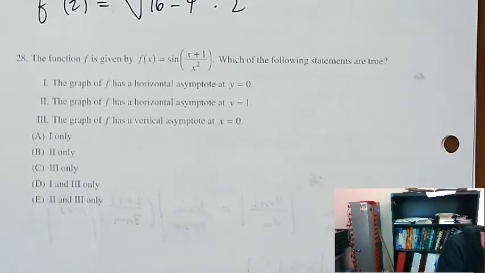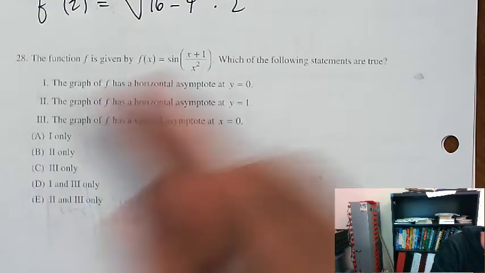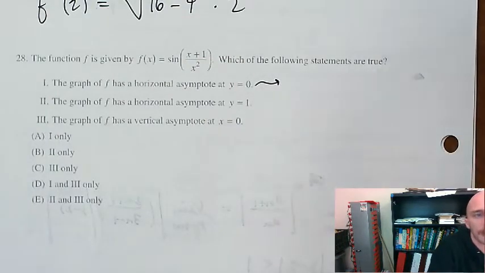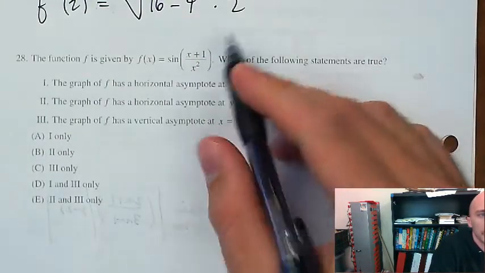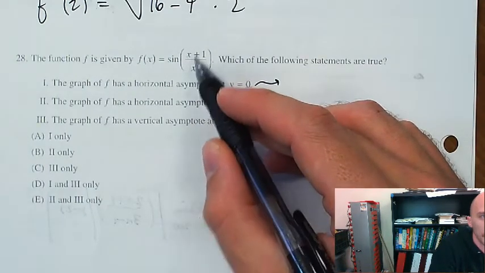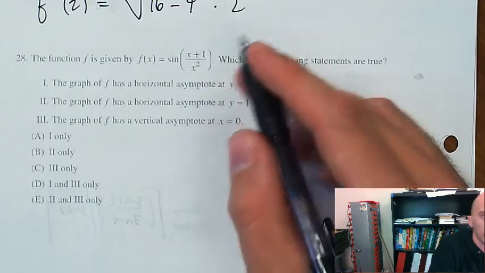Okay. Yes, this one. I've seen this problem before. Sine of (x + 1)/x². Which of the following statements are true? All right. Horizontal asymptote, that's what happens as x goes to infinity. So as x goes to infinity or negative infinity, I get closer to taking the sine of 0 because this is a bigger-on-bottom fraction.